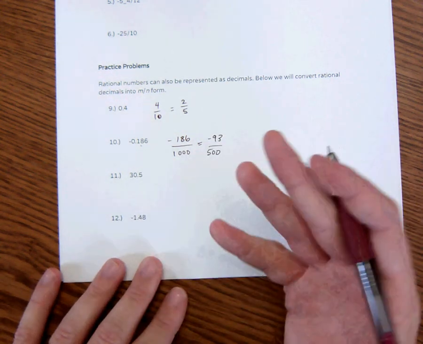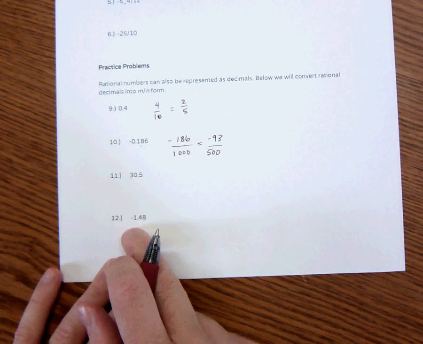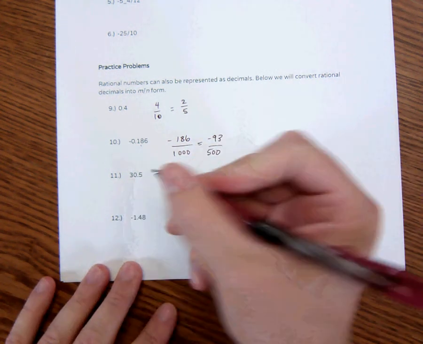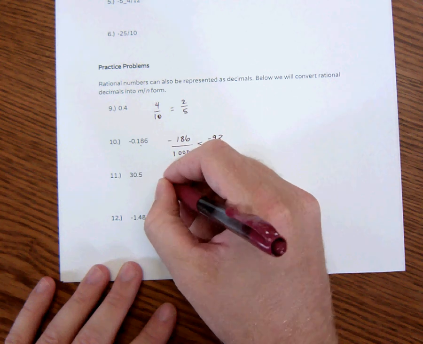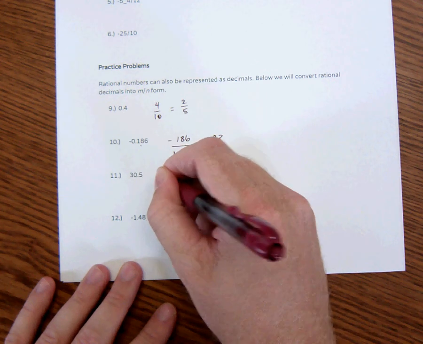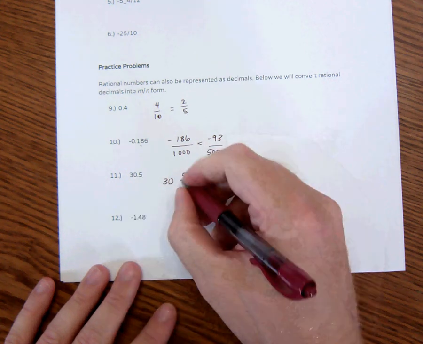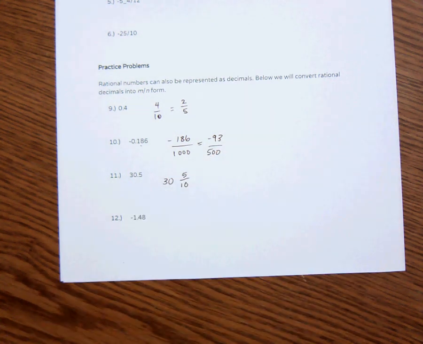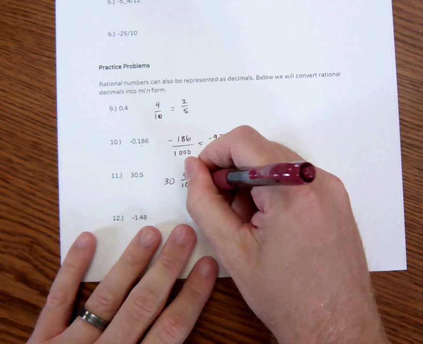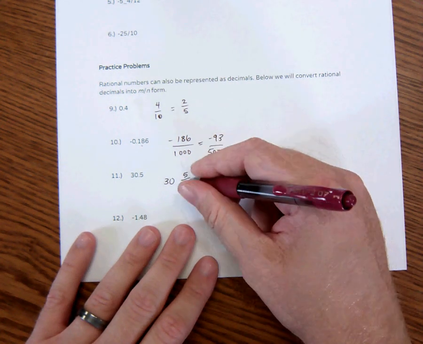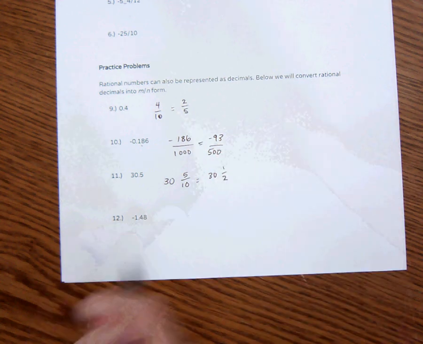This one is a little tricky. We can do it multiple ways. I'm going to show you this one way and this one another. So 30 and 0.5. A lot of us know that 0.5 is a half, but in case you didn't, we could say 30 and 5 over 10, since there's one decimal place. So the first thing I'm going to do is simplify the fraction. 5 goes into 10, 1 half.